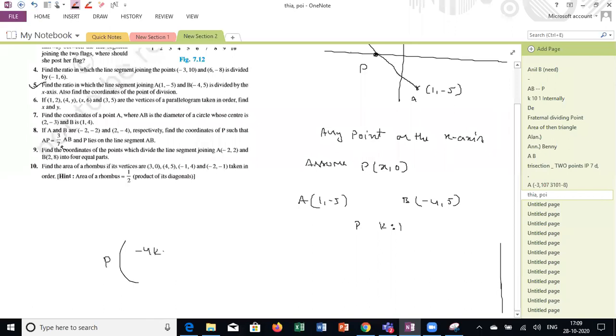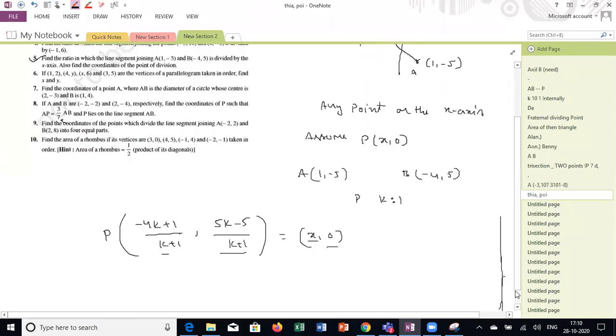Minus 4k plus 1 divided by k plus 1, and 5k minus 5 by k plus 1. But this will be equal to x comma 0. We don't know the x value and we don't know the k value. But the y coordinate will use the k value.